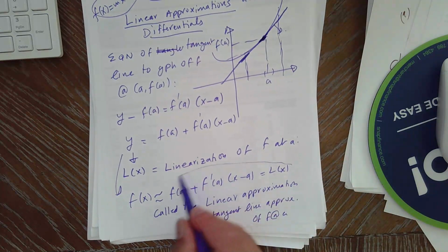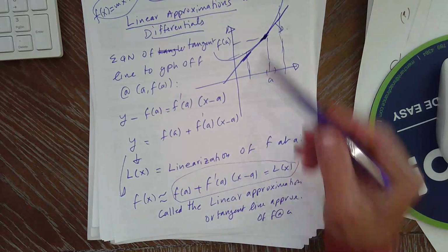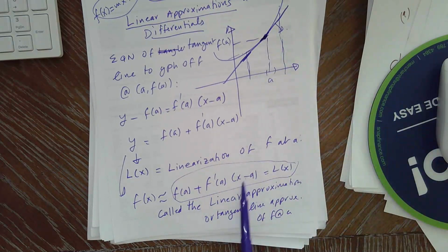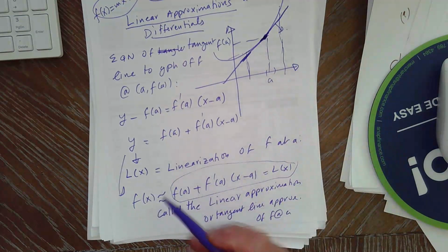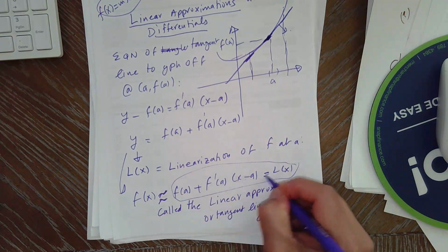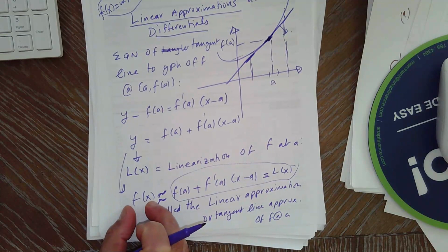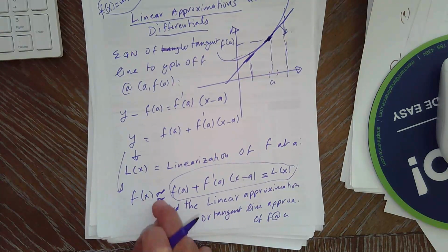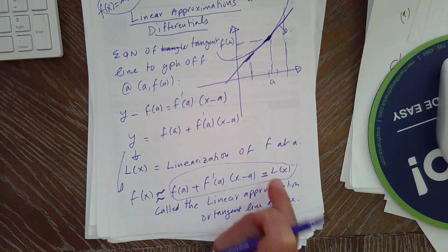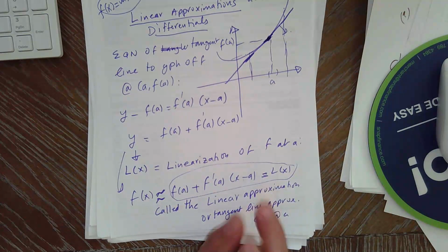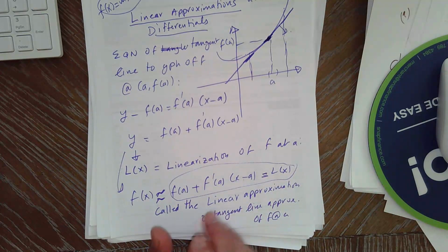This value is the actual value with respect to the line. If we want to use it for the curve, it's an approximate value. The y value from the curve is approximately equal to the y value from the tangent line, as long as you're close to the point of tangency. Let's see an example about that.